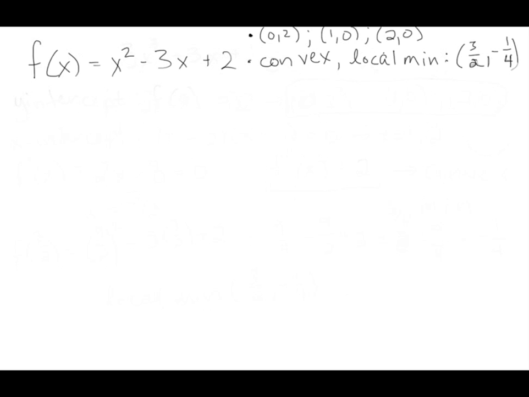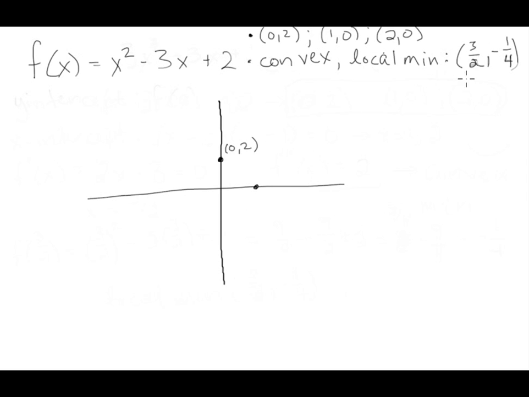All right, so now I'm going to go ahead and, using the information that we just calculated, draw the graph. So I give myself plenty of space to work. I know that I have an intercept at x equals 0, y equals 2, so I'm going to mark that point 0, 2. I know that I have an x-intercept at 1, 0, and I'm starting to think about the shape of this graph a little bit.